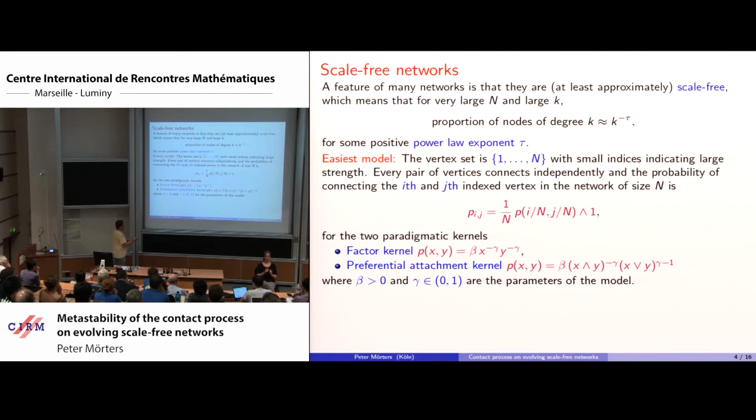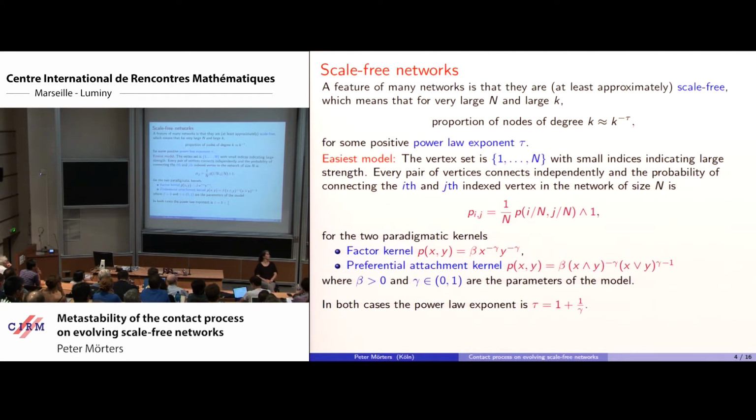So there is a parameter gamma in the interval 0, 1 in here, and this is the one that allows us to control this power law exponent tau, and the formula, which you can easily check, is that tau is 1 plus 1 over gamma. Because I'm making reference to both tau and gamma all over the talk, I write this formula here for your convenience.